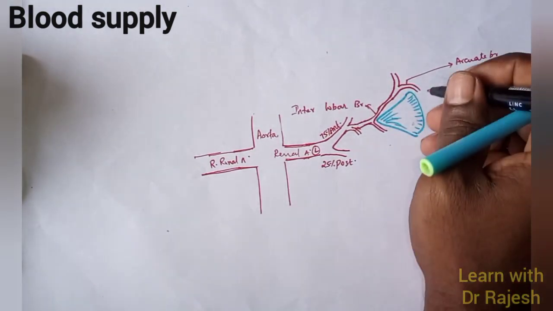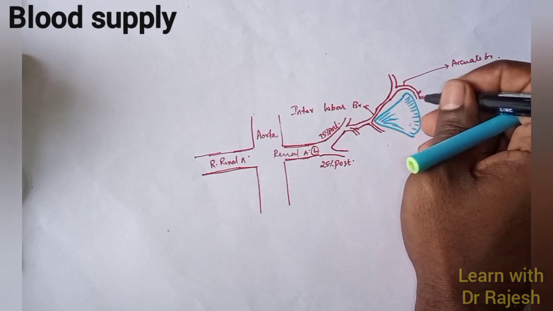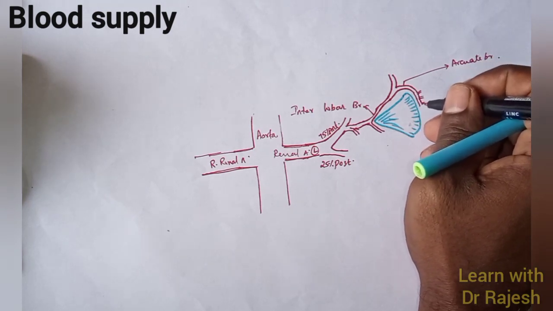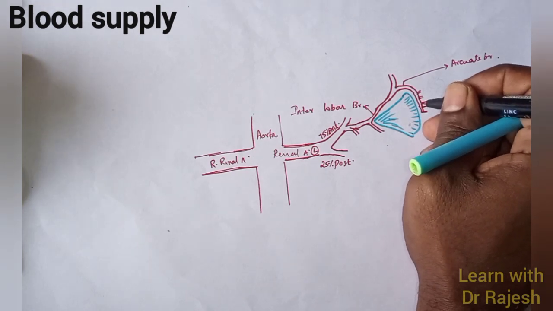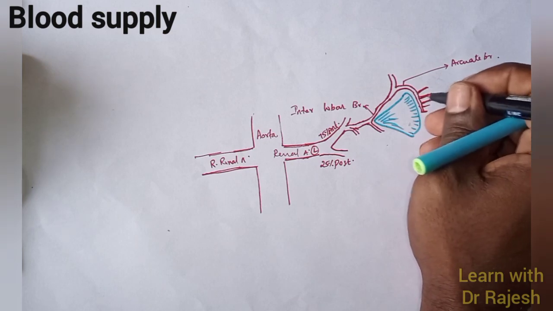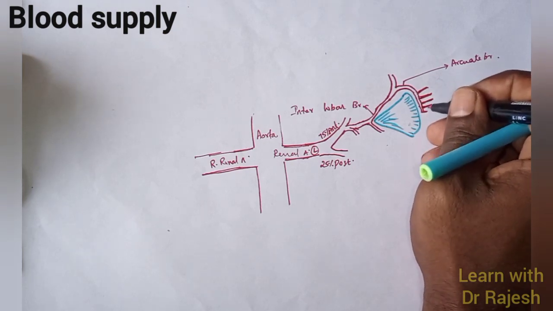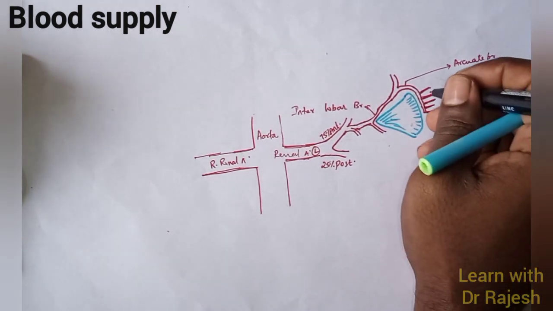Now there are many small arteries arising from the arcuate branch, and these branches run perpendicularly into the cortex, and these branches are called the interlobular artery.